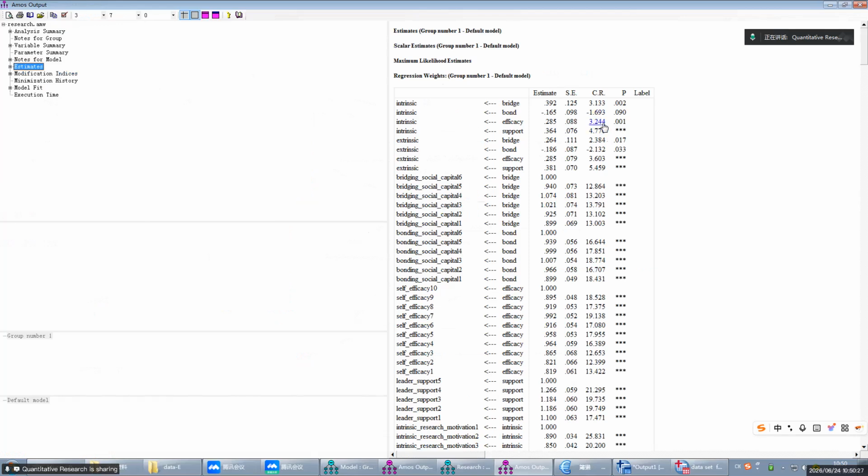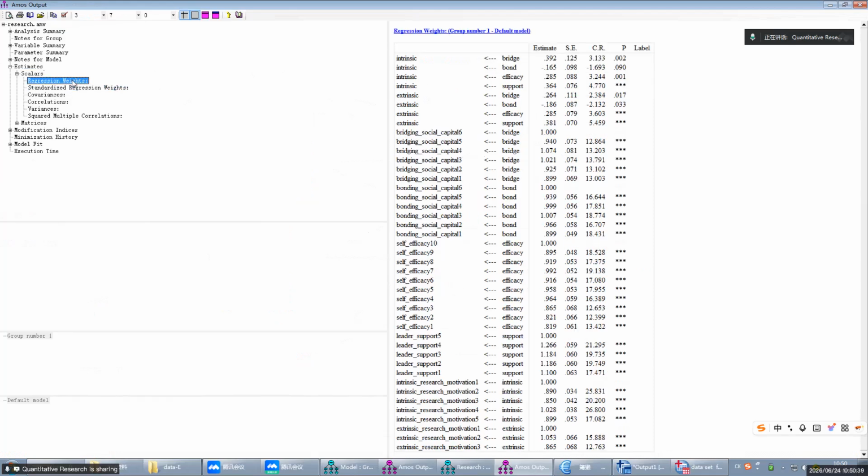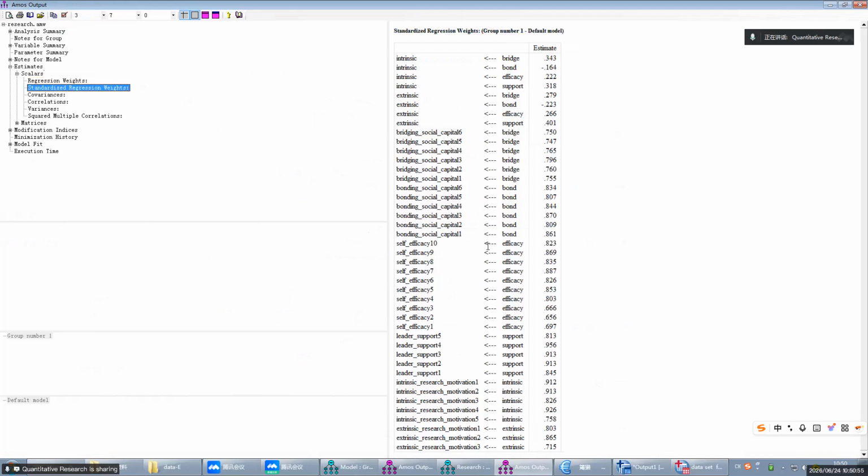Now I show you where to find the coefficients. You go here. You can see scalars. Regression weights in here. These are unstandardized estimates. When you go here, all of them are standardized estimates.